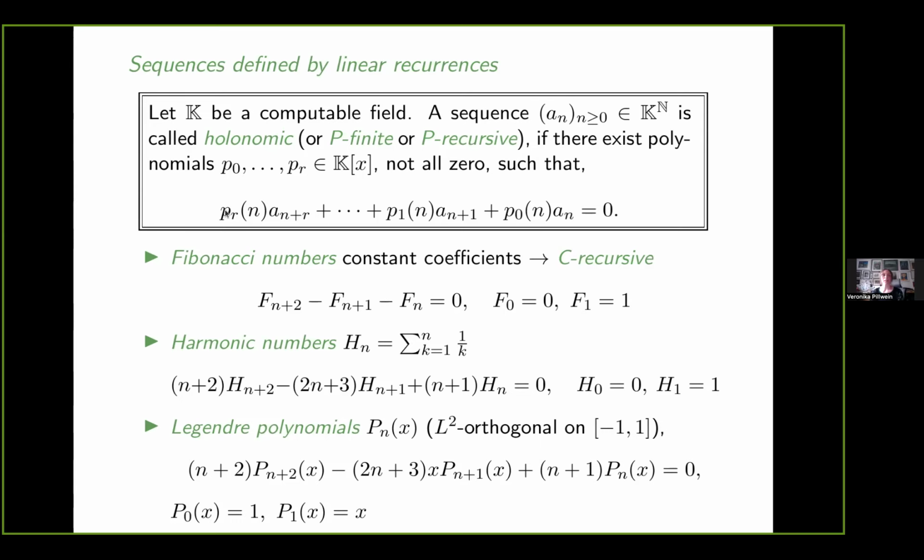These are the polynomial coefficients in the recurrence. So here p2 would be n plus 2, p1 would be minus (2n plus 3) times x, and p0 would be n plus 1. So these would be the three coefficients in the recurrence. But I thought in your definition, you substitute n for the x.